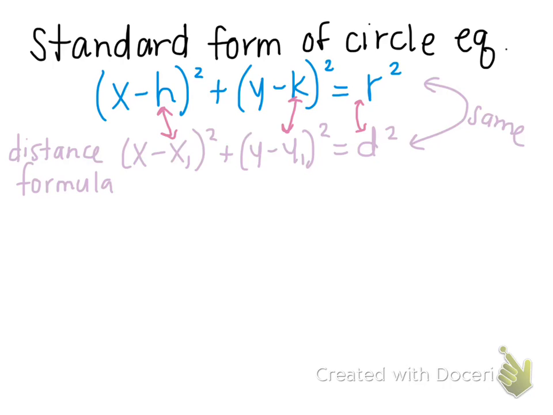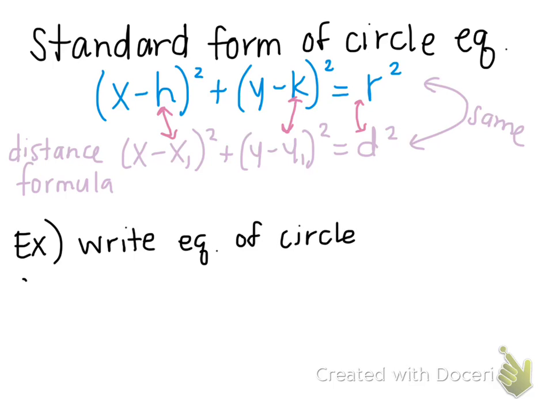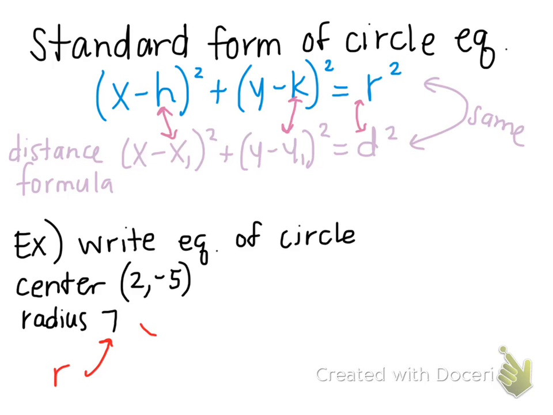So now let's do an example. Let's write the equation of a circle that has a center at (2, -5) and a radius of 7.